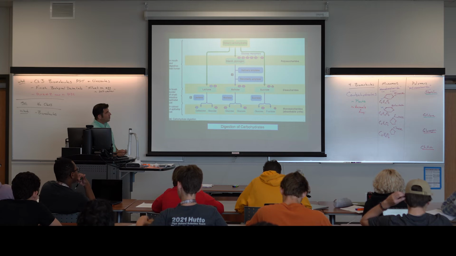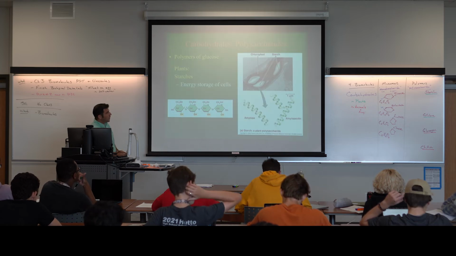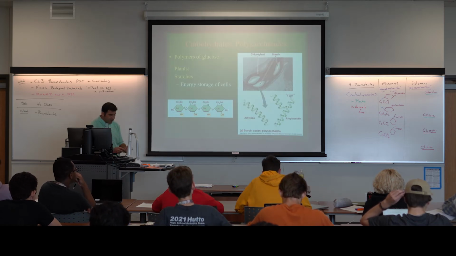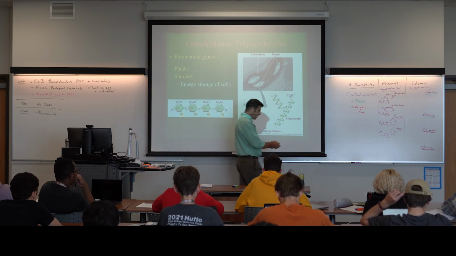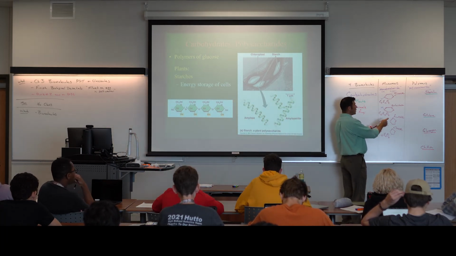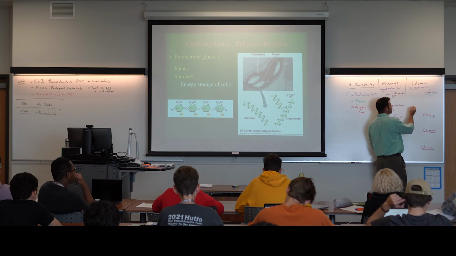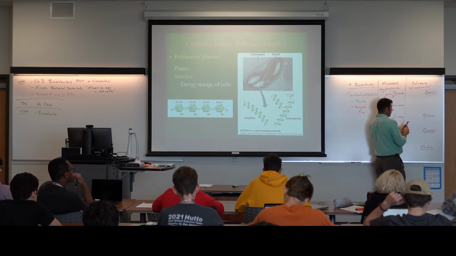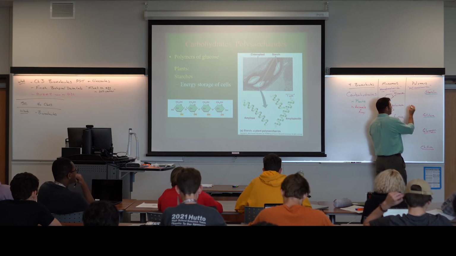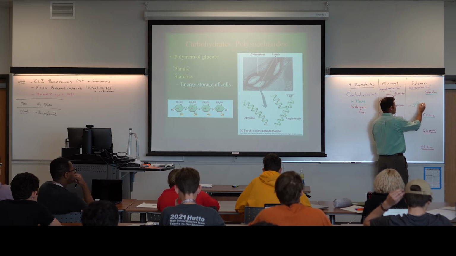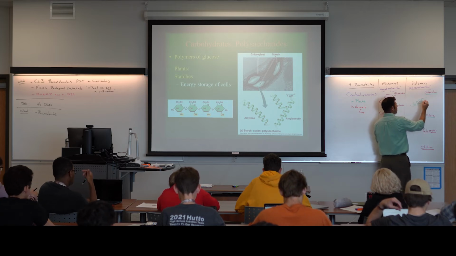But just to talk about the polysaccharides real quick, the first polysaccharide that I'll talk a little bit more about is starch. And it's going to be found in plants. I'll draw it like this in a green color, where starch looks like a coiled spring.